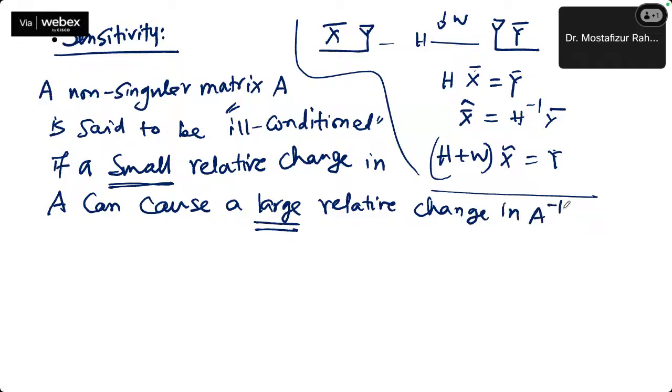And this sensitivity is measured with a quantity called the condition number.